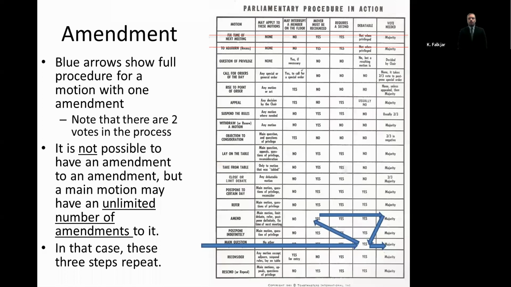The initial mover in a motion always has the first word in the debate. This comes from parliamentary procedure, in particular Robert's Rules. This is a specific debating feature of that method where the mover always gets the first word, and then it opens up to anyone either for or against after that.